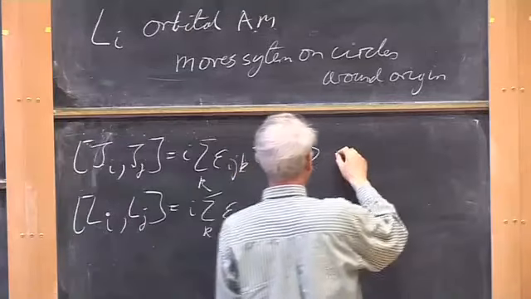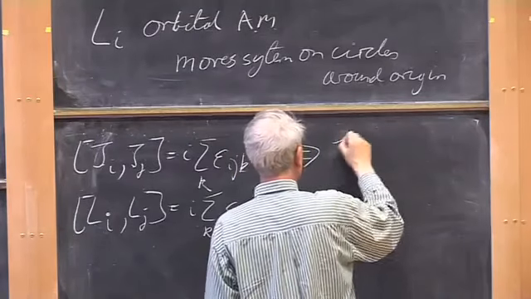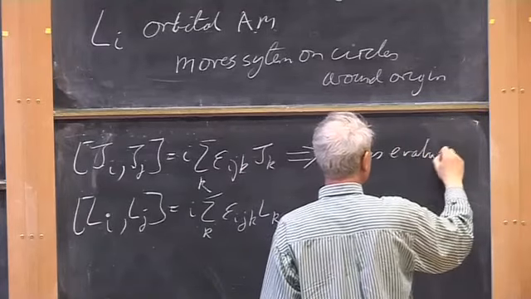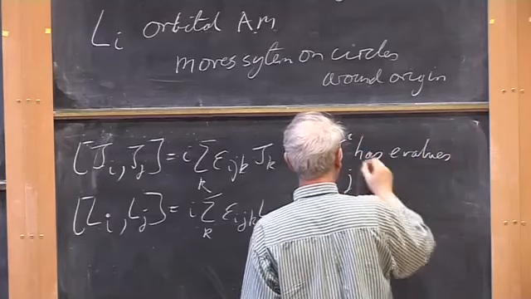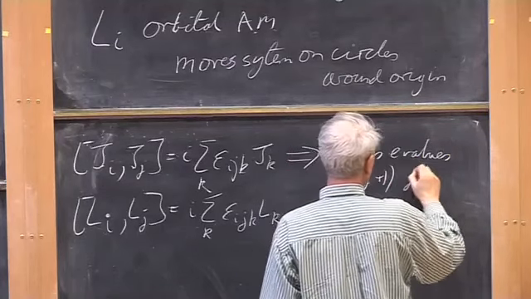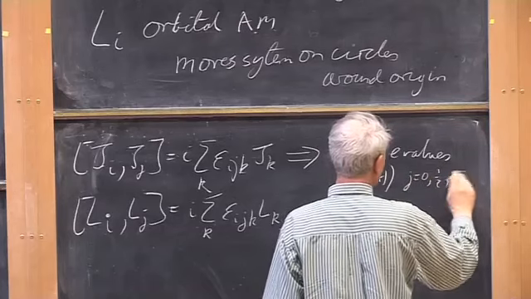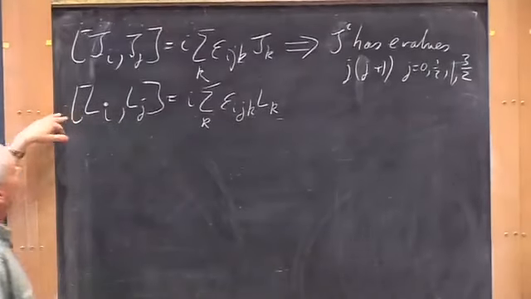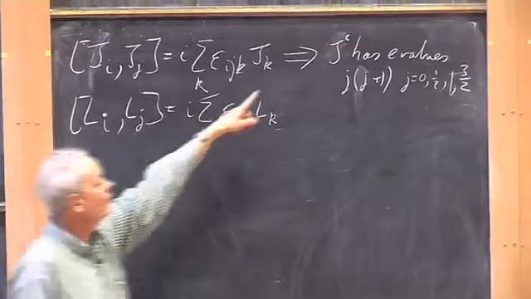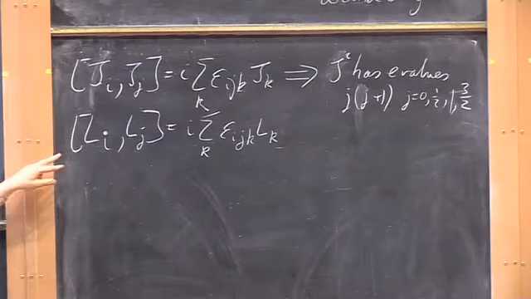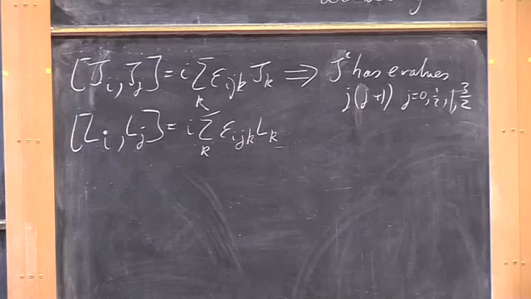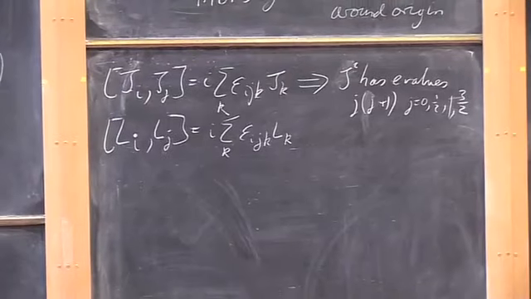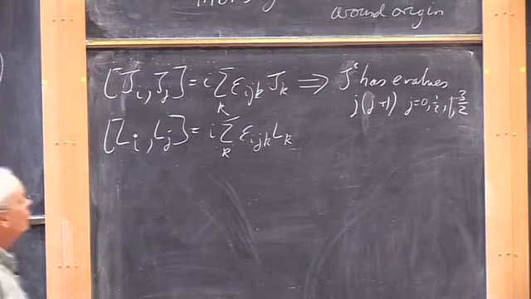Also, this implied that J squared has eigenvalues J(J plus 1), for J is nothing, a half, 1, 3 halves, etc. From these commutation relations, we inferred that those are possible values for the eigenvalues of these operators, but we also had the principle that if we translated something completely around the origin, we proved that that was the identity transformation.